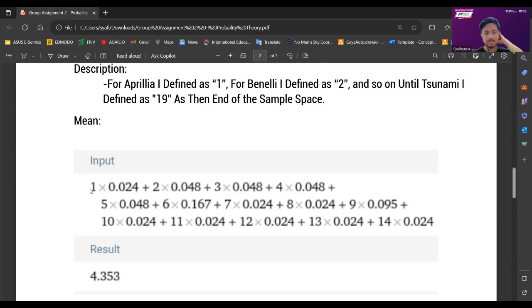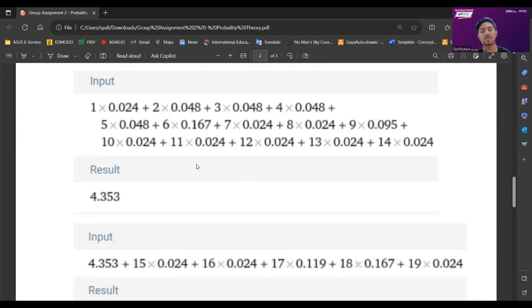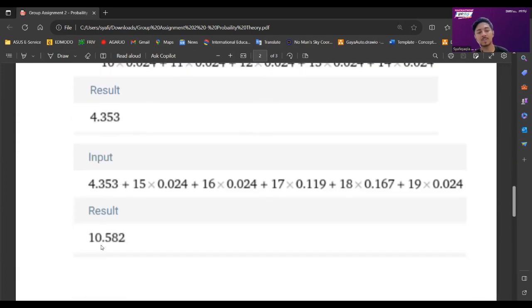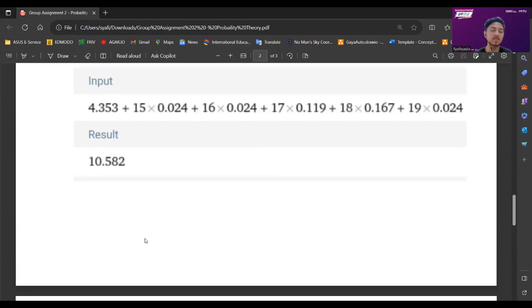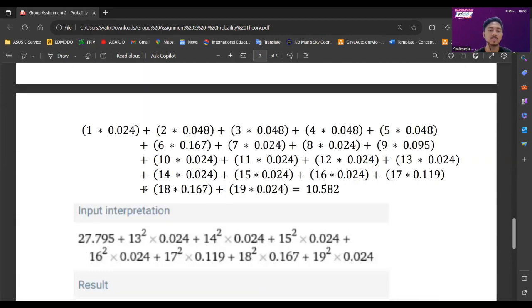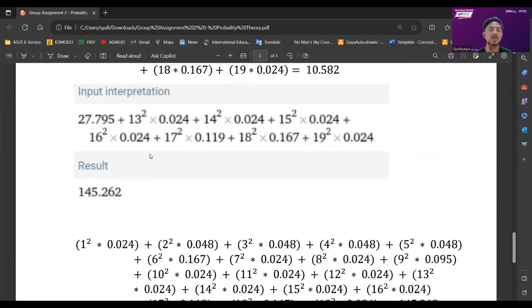We need to count it like 1 times the probability, plus 2 times the probability, plus 3 times the probability, and so on until all the probabilities are counted. So the result is 10.0582, and then this is the final calculation.